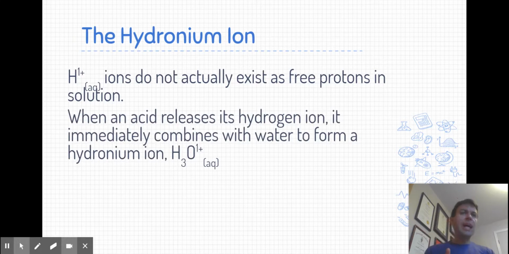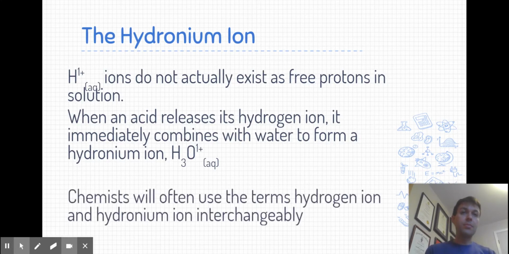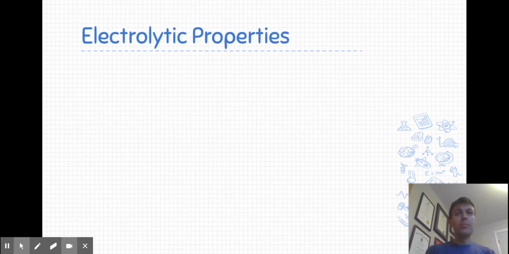As soon as an acid releases its hydrogen ion, that hydrogen ion immediately combines with one water molecule to produce a different ion called the hydronium ion, or H3O 1+. Chemists will often use the term hydrogen ion and hydronium ion interchangeably. From a chemical point of view, they're the same thing.